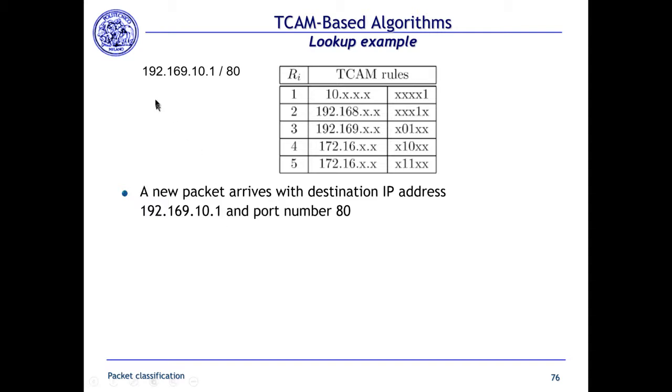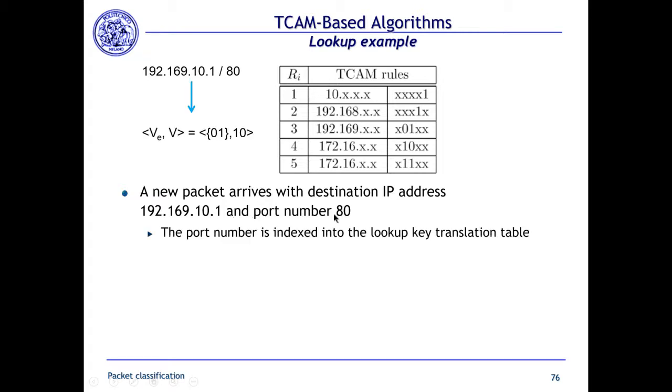So let's say that we have received a packet with these two values. This is the first value, and the port number is 80. 80 is a number which is matching equal to 80. So we have 0 1 here in the encoded part. And it was also matching the original rule, which is between 50 and 2000.